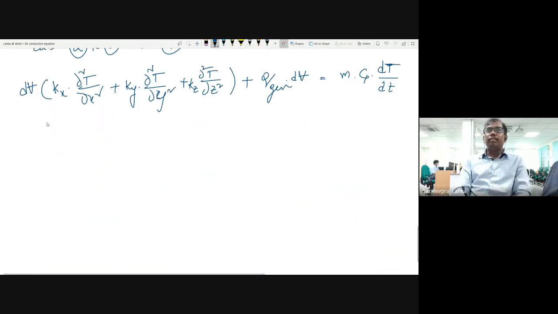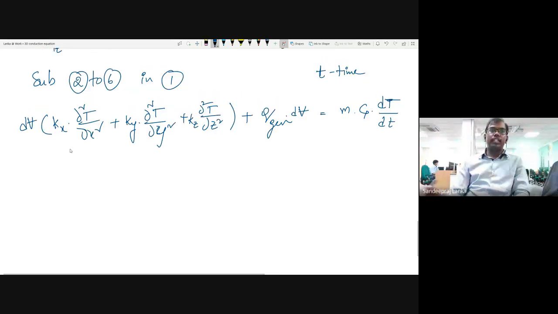Now, in this equation, if kx is equal to ky is equal to kz, that is, thermal conductivity in all directions is equal, then I can take k as common.